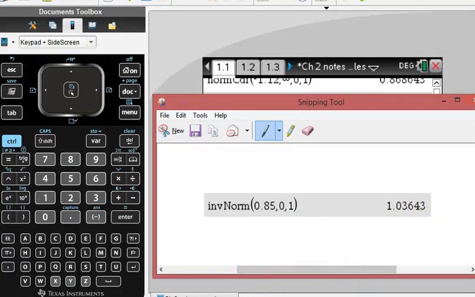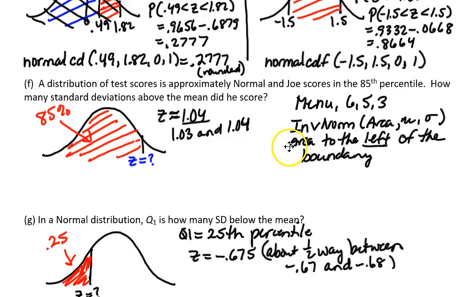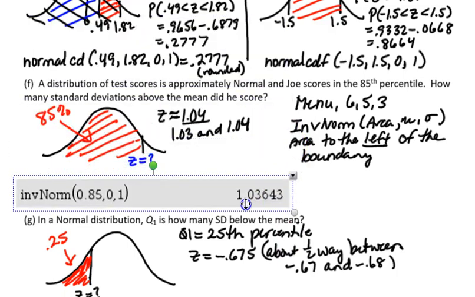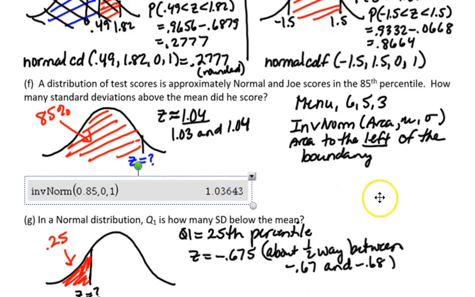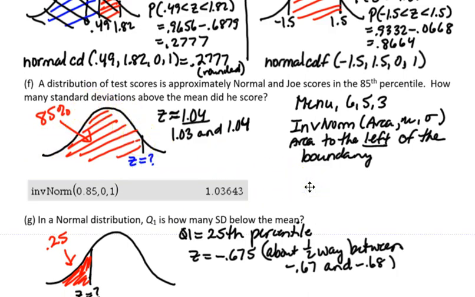Now you might think, well, exact is better, right? Well, exact is good, but remember in statistics, exact isn't exact. It's always an approximation, because for one thing, this normal model is going to be an approximation for a set of data, so it's not going to be exact anyway. So whether you say 1.04 or 1.036 is not really a big deal, to be honest.